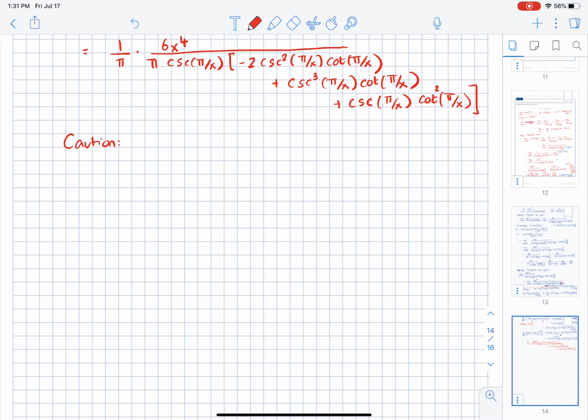I'll put here, it's a caution as seen above.